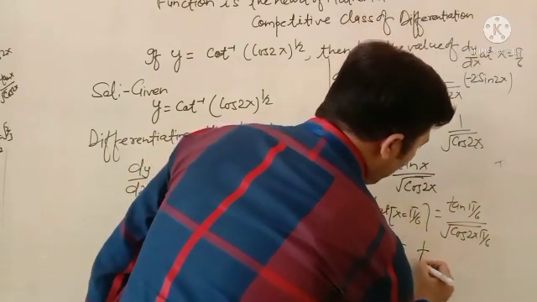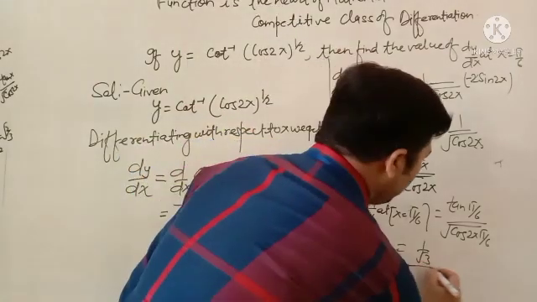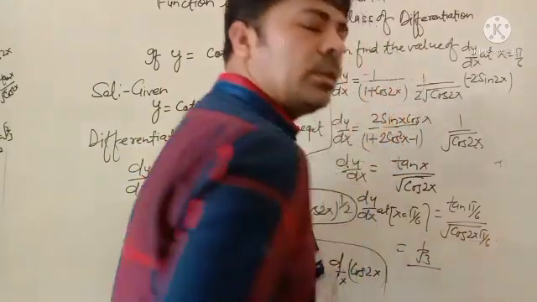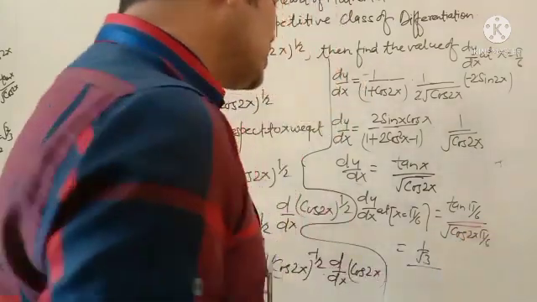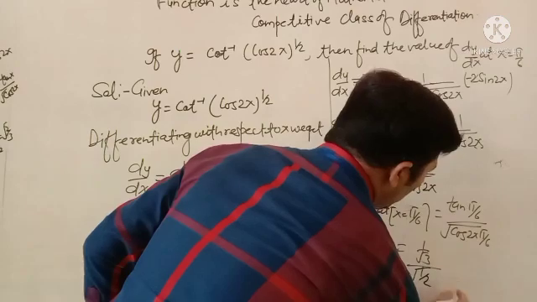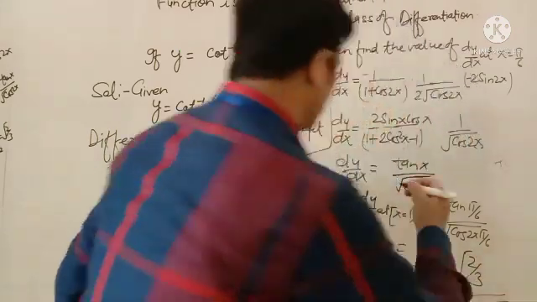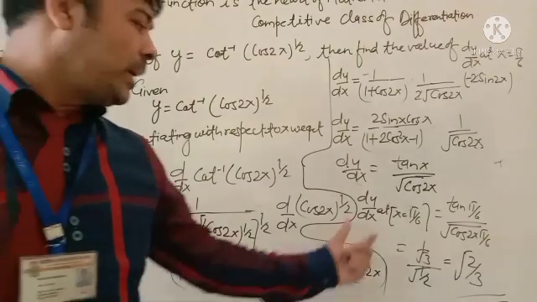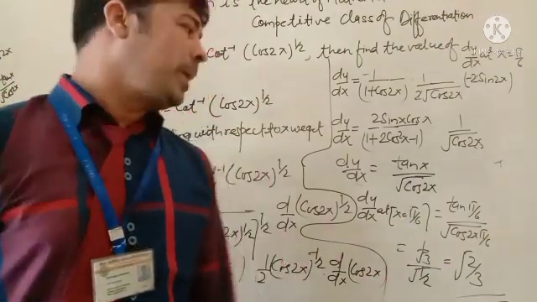You know that tan pi by 6 gives you 1 upon root 3, and cos of pi by 3 is cos 60, which gives root of 1 upon 2. This gets reciprocal, so this is 2 upon root 3. So the value of dy upon dx at x is equal to pi by 6 is root 2 upon 3.